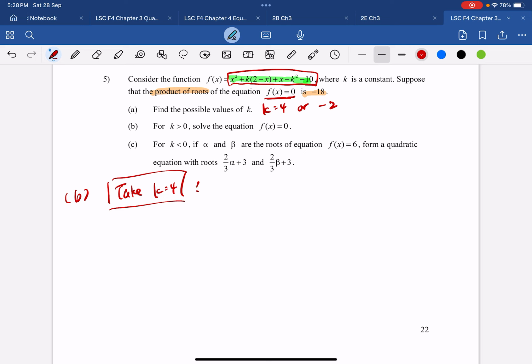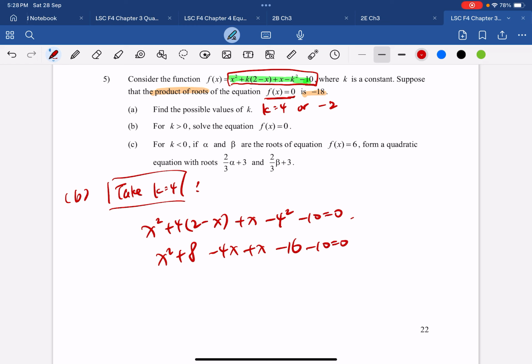Okay, so substitute back into the quadratic formula, which will give you something like this. So you expand the brackets. Okay, so simplify it, you will get a quadratic equation like this.